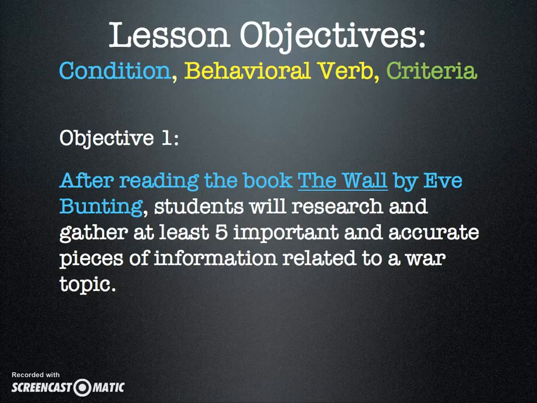I could then rhetorically ask you, where is the behavioral verb here? Research and gather. I can actually observe students researching and gathering information. And now if I asked you, what are the criteria? At least 5 important and accurate pieces of information related to the war topic.